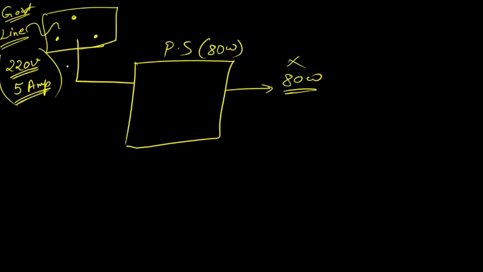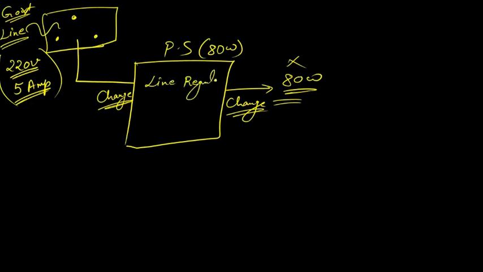So in such cases, when the voltage of the line itself is dropping down, how much change can we expect at the output if there is any change in the input? That is called line regulation.